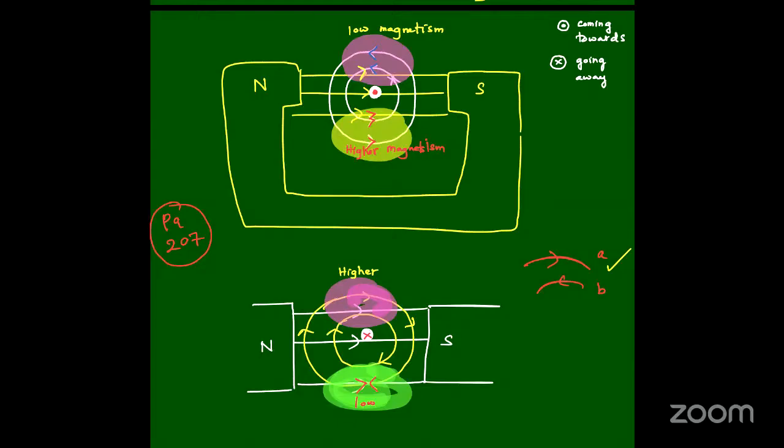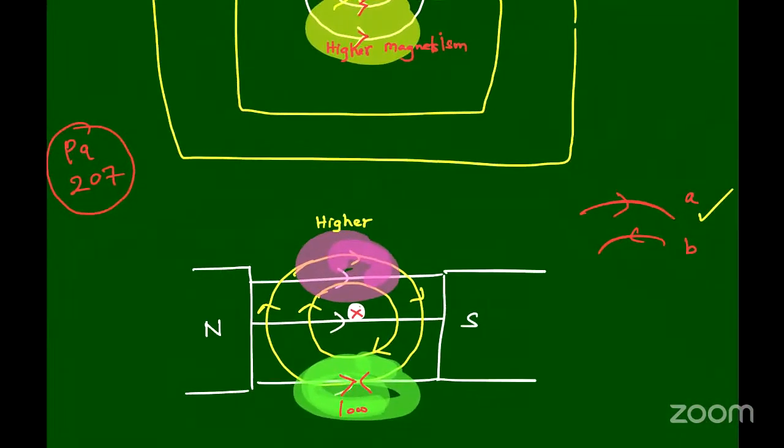Without using these sorts of diagrams, just imagine. In all these situations we need to draw the magnetic field lines and deduce the direction. Those are complicated and time-consuming things. Therefore, there's a law.